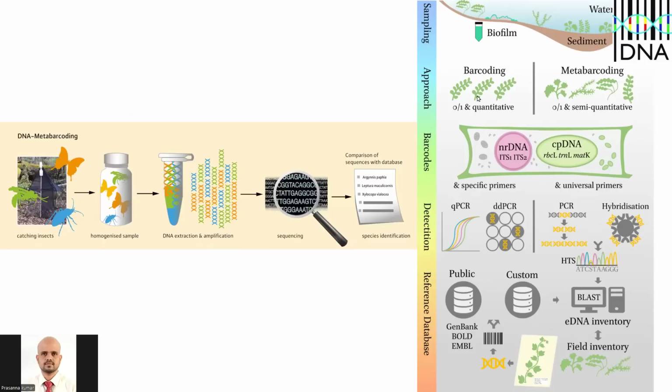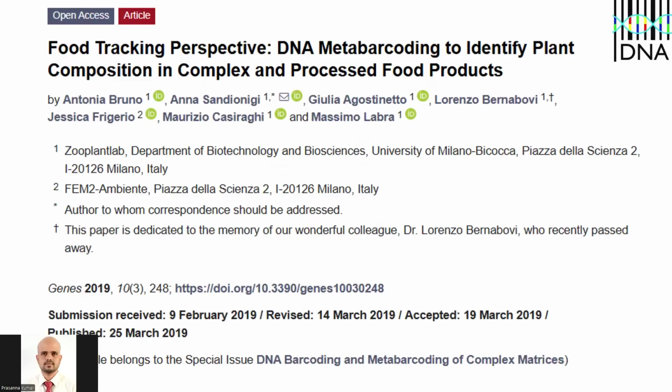In barcoding, individual samples are collected, DNA extracted, PCR and sequencing done, and compared to the database. In metabarcoding, a community of samples is collected. You don't need individual samples, though individual samples still work best. This is not just an idea. There are many papers coming out in our research community, tracking adulterated food and complex food using metabarcoding.